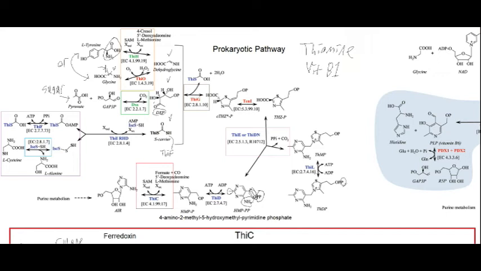Then our thiazole phosphate and our HMP pyrophosphate were brought together with the THIE, and that formed our thiamine monophosphate, which is then phosphorylated to thiamine diphosphate or thiamine pyrophosphate, whichever one you prefer.